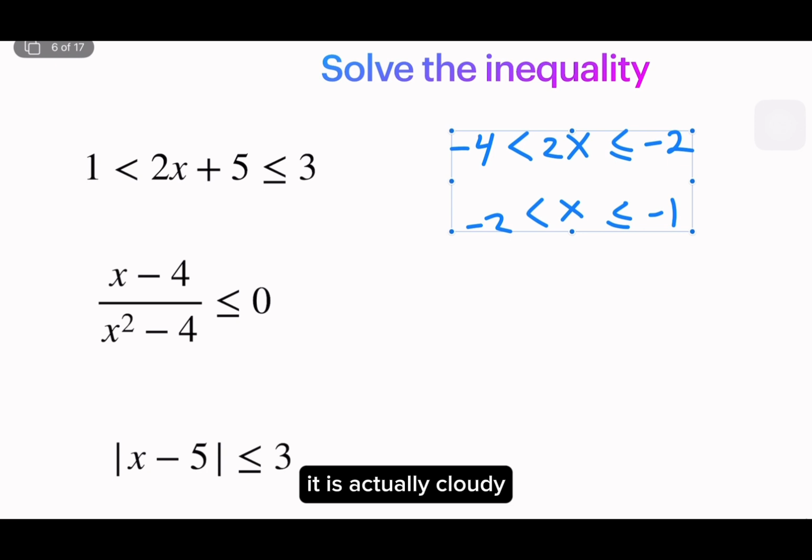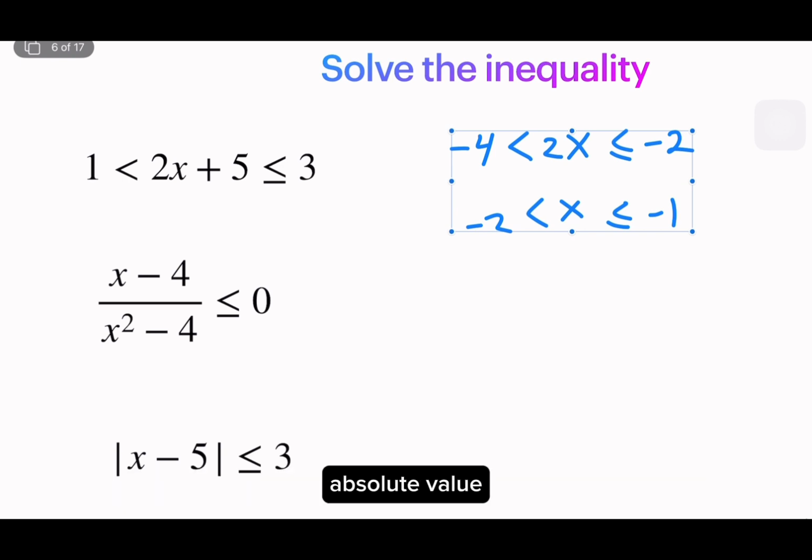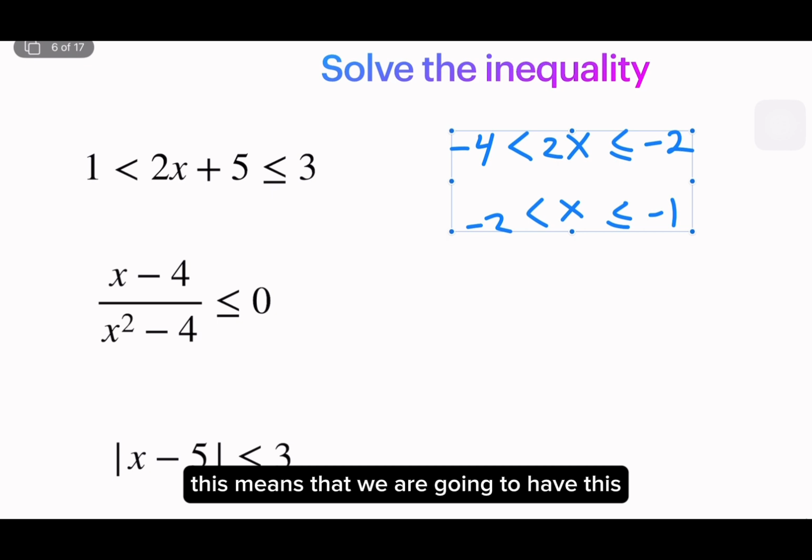So this absolute value. Remember that if you have, for example, an absolute value less than or equal to some constant, this means that we are going to have this.